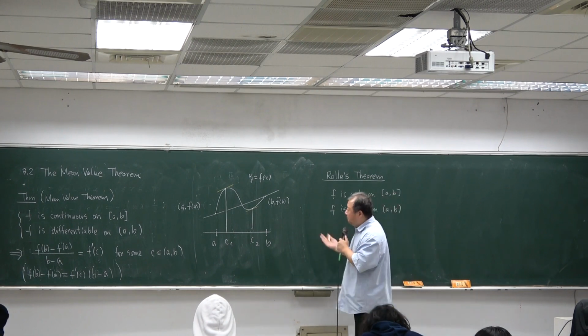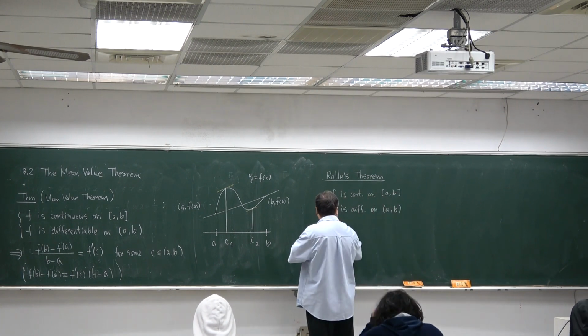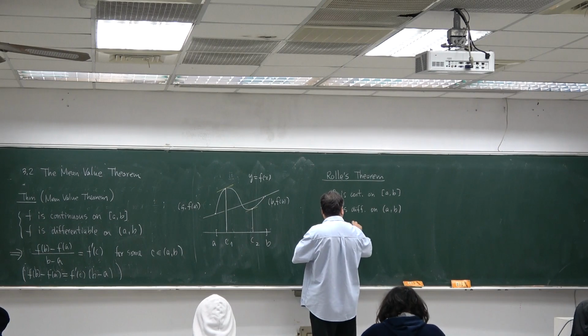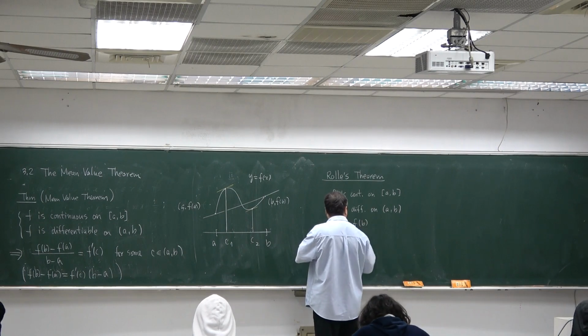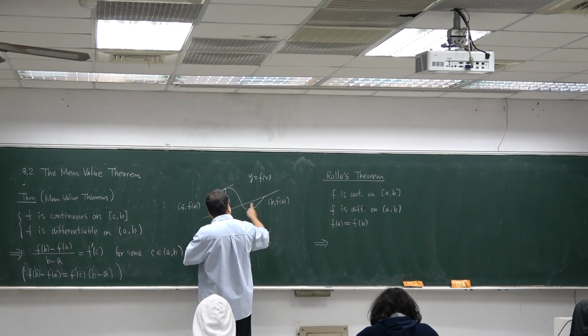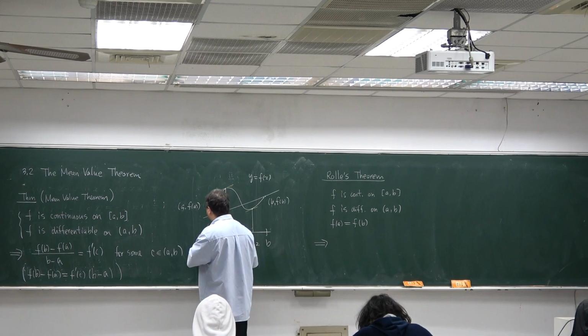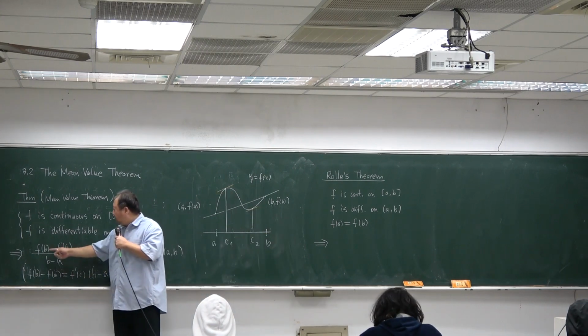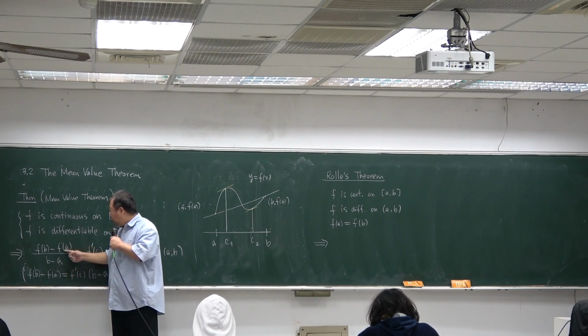So, c, and the condition 3, f of A equals f of B. This number is equal to this number. So, the difference of these two numbers is 0.